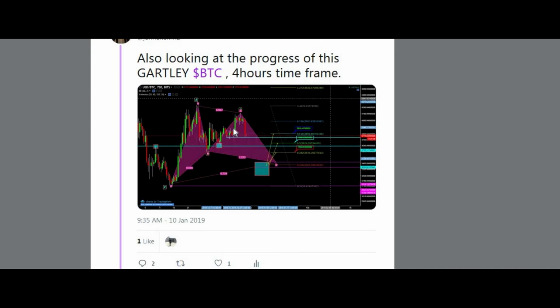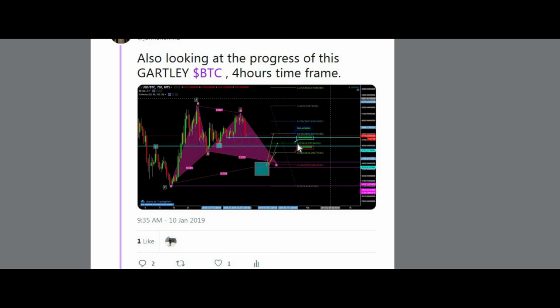So when I used my Fibonacci ratio to point out these levels, I noticed that the price will likely drop down to this D leg, which I was expecting at 3,400 to 3,300, and will likely get a bounce right back up to test the 0.5.